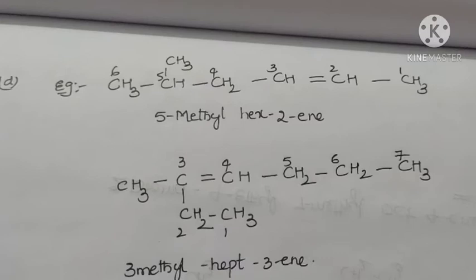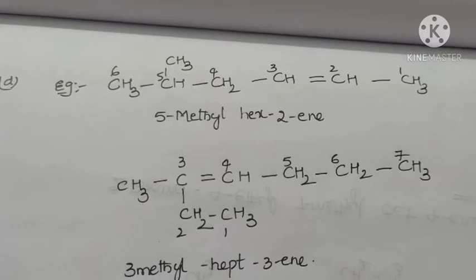So we start numbering from this carbon, 1, 2, 3, 4, 5, 6. So the IUPAC name is 5-methylhex-2-ene, because the double bond is between the second carbon and third carbon. In naming alkenes, the lowest number is given to the double bonded carbon atom.